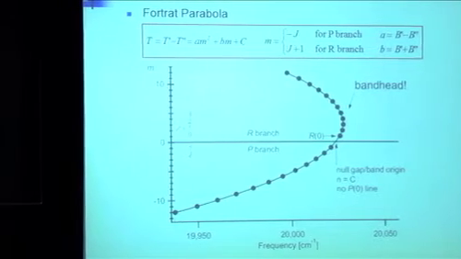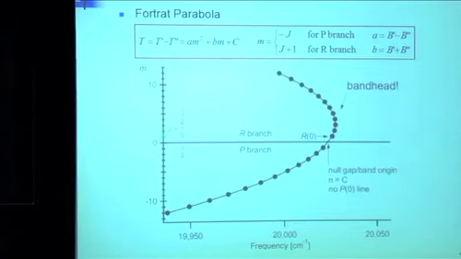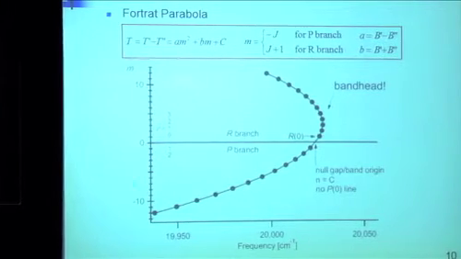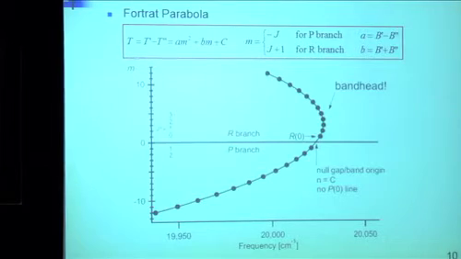But by analysis, you can figure out what value of J. So positive M corresponds to the R branch, and this is the P branch. So M is the common denominator, but it's plus and minus. These are positions of all the lines sorted by M or J, and this is a band head. That means there's no line to the right.